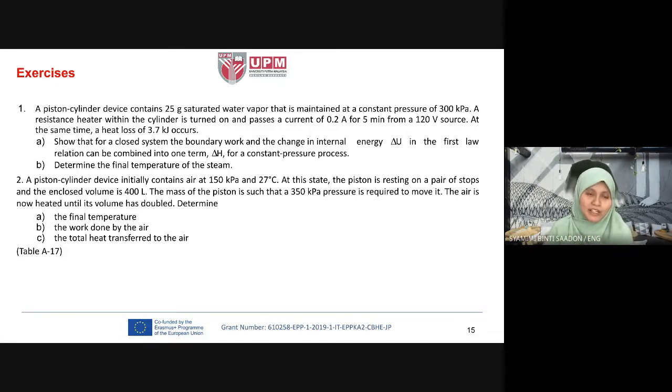1A means that you apply the energy balance equation to the system, to the water piston cylinder, and see how you get the expression for energy balance. Part B, then we will calculate. We will use the table that we have before, table A5, and if we need others, I will share.